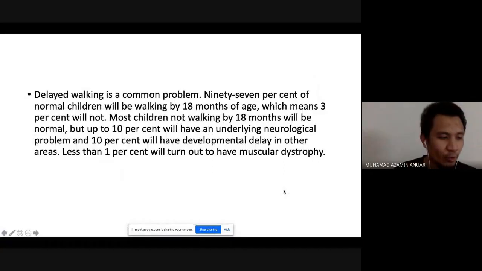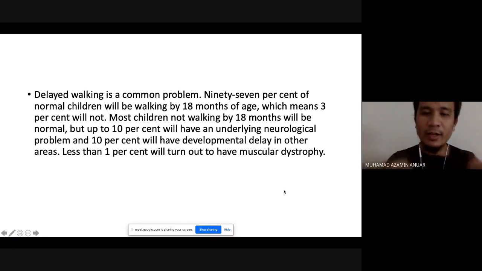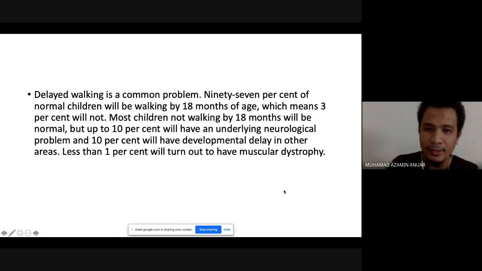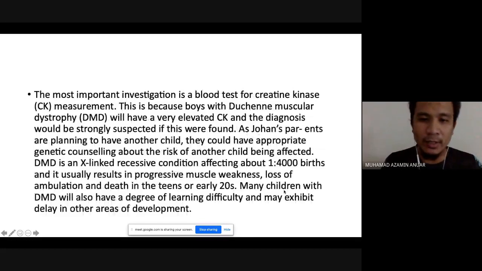So basically, I need to do it quickly because my battery is running out now. Some of them will have developmental delay and also learning difficulties, mainly because of the dystrophin also in the brain. Your dystrophin gene is in your brain, in your muscles, in your liver and so on.